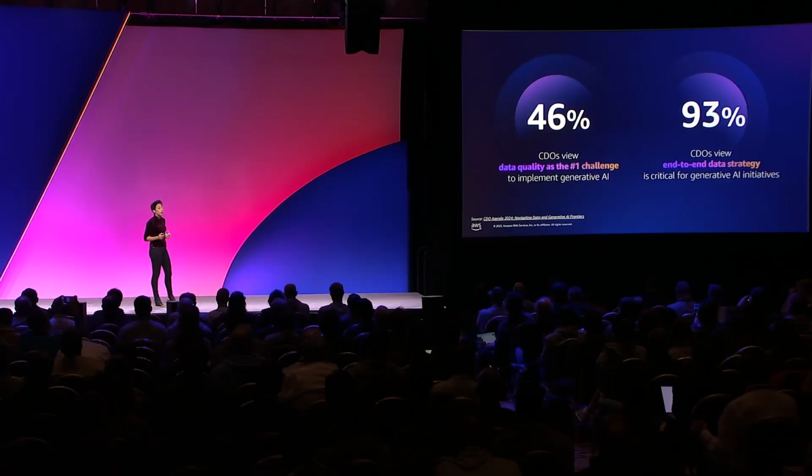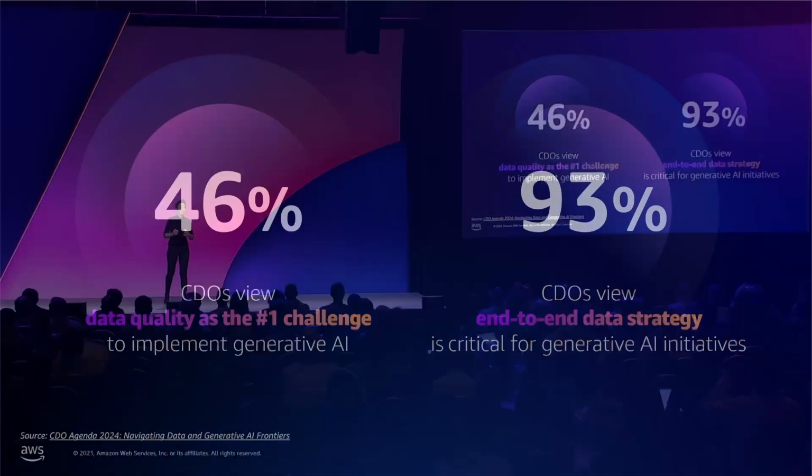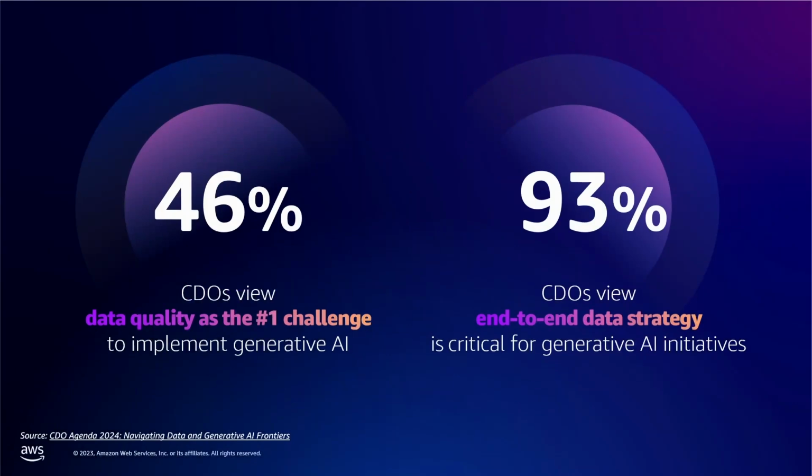Now, the quality of that data matters for generative AI because higher quality data improves the accuracy and the reliability of the model response. In a recent survey with CDOs, we found that almost half, 46% of the CDOs, view data quality as one of their top challenges to implementing customized generative AI, and 93% of those CDOs said that the importance of the end-to-end data strategy and its role in making generative AI custom to their business is one of the most important things that they can do.